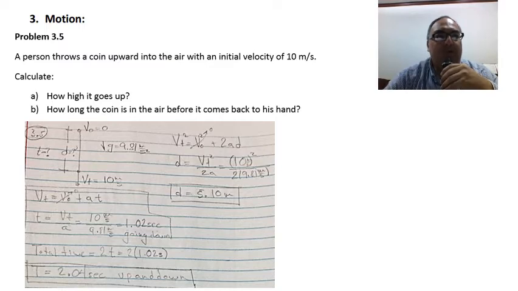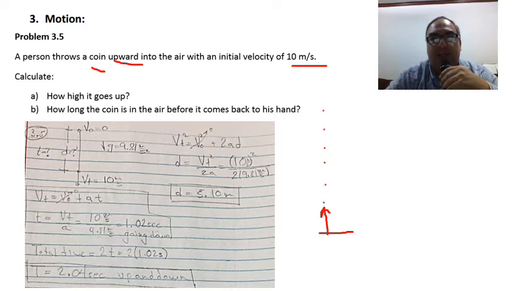Well, let's do this problem. This is problem 3.5. A person throws a coin upwards with an initial velocity of 10 meters per second. So basically, when you throw something with an initial velocity, it goes up, up, up, and then we have a V zero equal to 0.